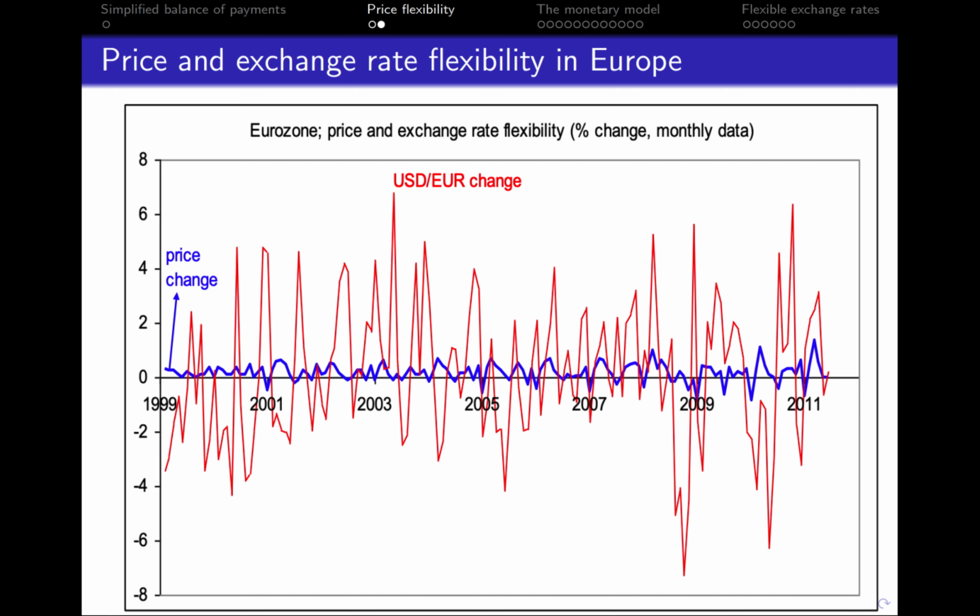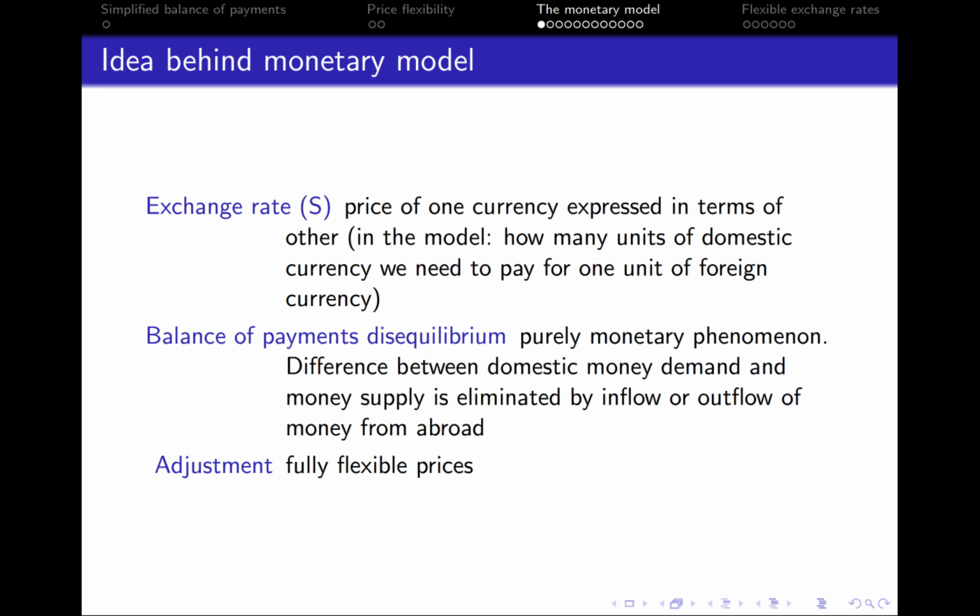Okay, so now that we know the differences between the two, we can move to modeling. And we're going to start with the monetary model with fixed exchange rates. Let's start with the main idea. The exchange rate is simply the price of one currency expressed in terms of another. Because the exchange rate is a price, it is a monetary phenomenon.